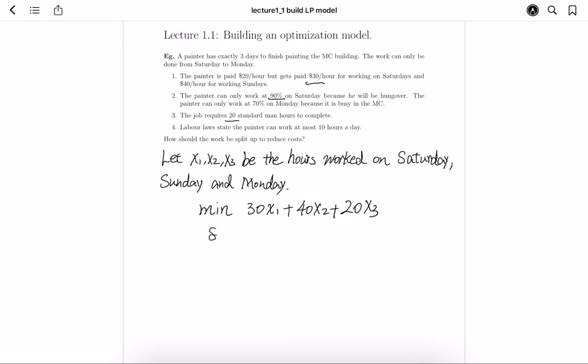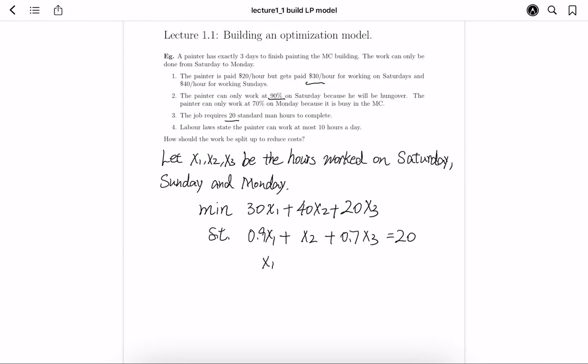We also need to add the following constraints. On Saturday, he is working slower, so it's 0.9 times x1, plus on Sunday it's x2 at full speed, plus 0.7 times x3 on Monday, and this has to be equal to 20 hours.